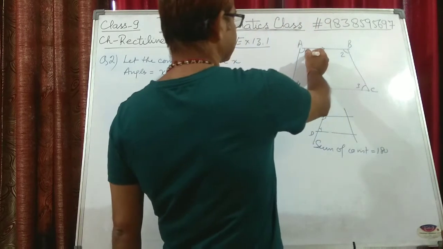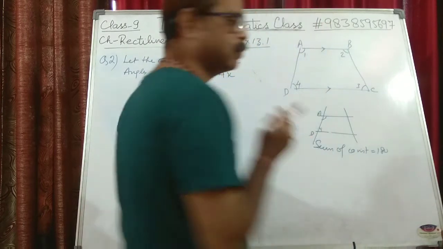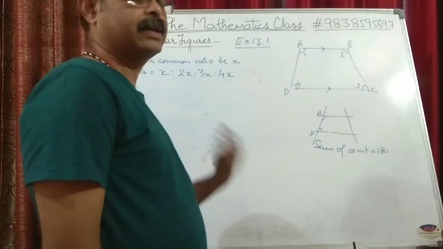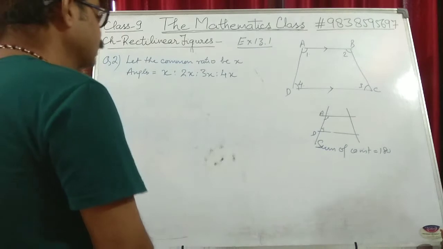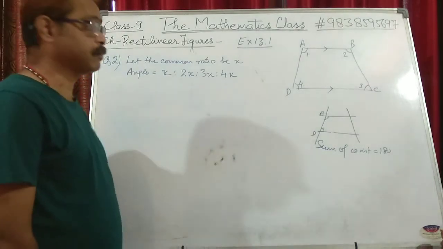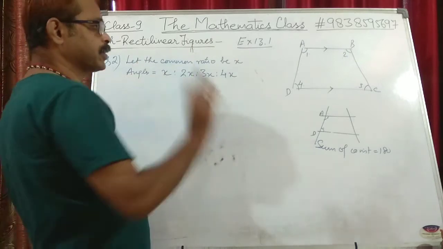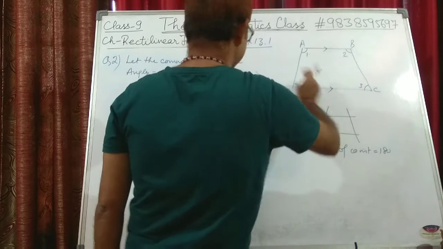If I prove that angle A plus angle D is 180 and angle B plus angle C is equal to 180, it means AB is parallel to CD, and then the quadrilateral will become a trapezium. So what we have done, first of all, we have assumed the common ratio of the angles to be x. So this is x, 2x, 3x, 4x.